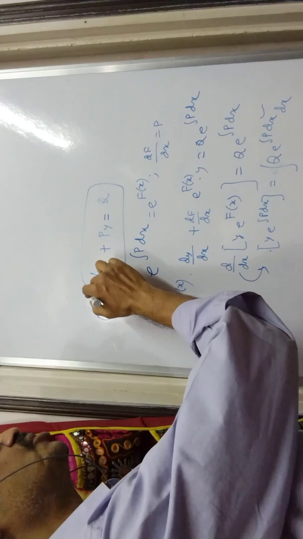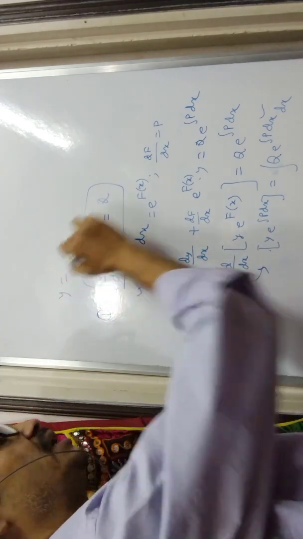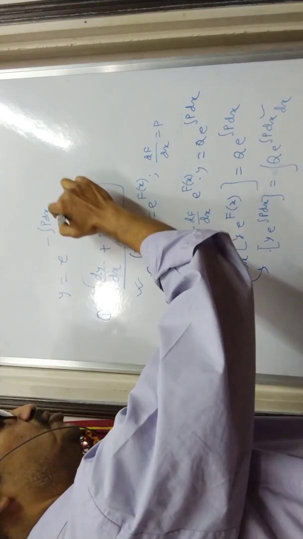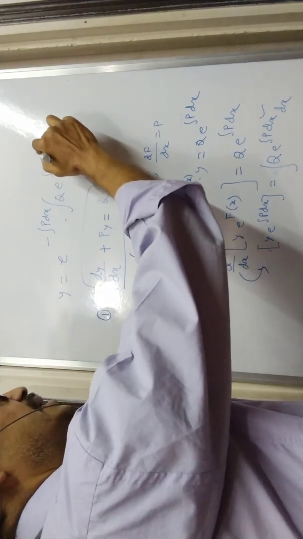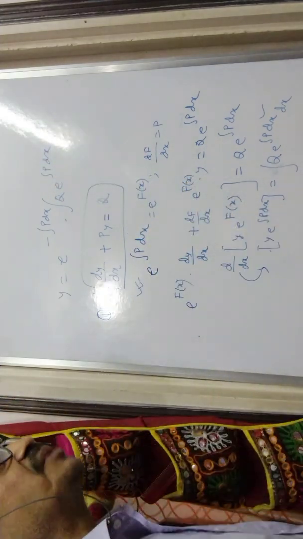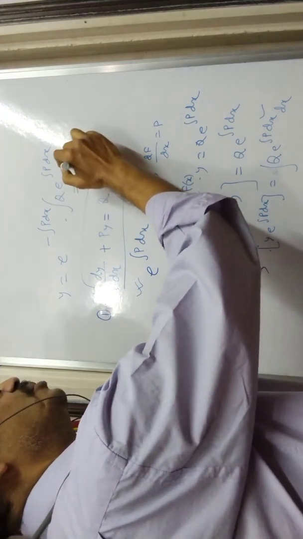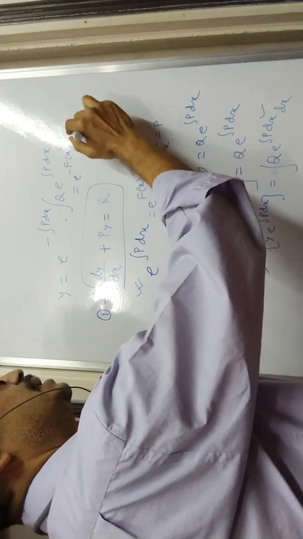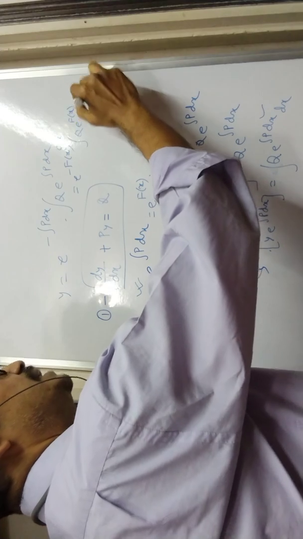So the solution of this equation is given by y equal to e to the power minus integral p dx into integral q e to the power integral p dx. If we replace e to the power integral p dx by e to the power fx, it comes out to be e to the power minus fx integral q e to the power fx dx.